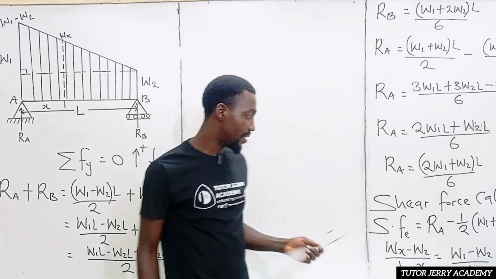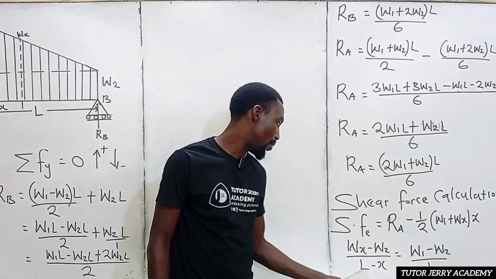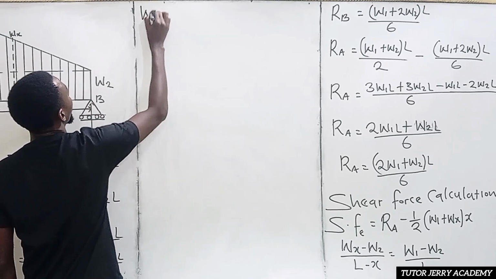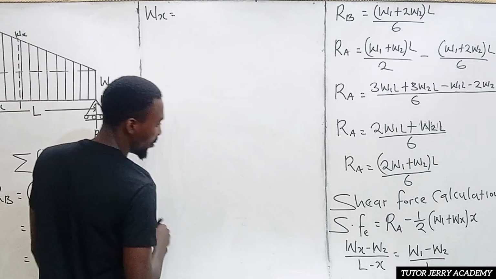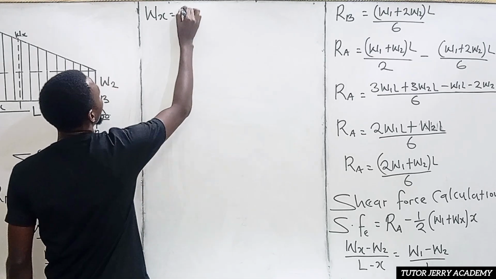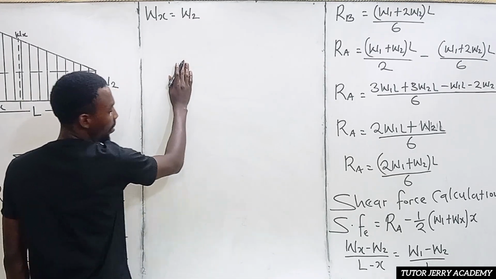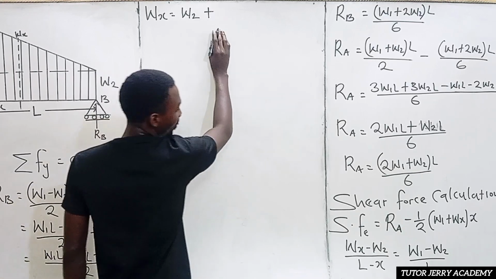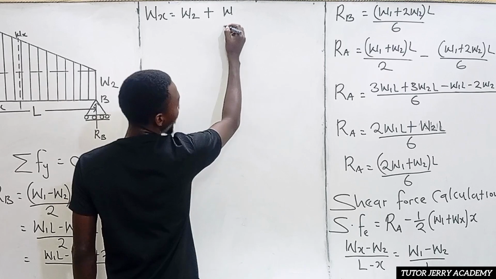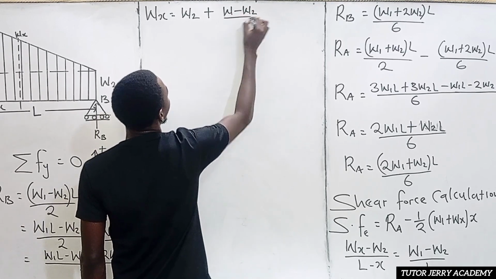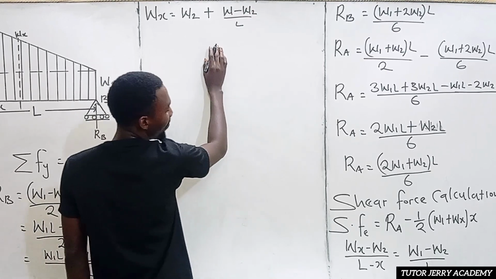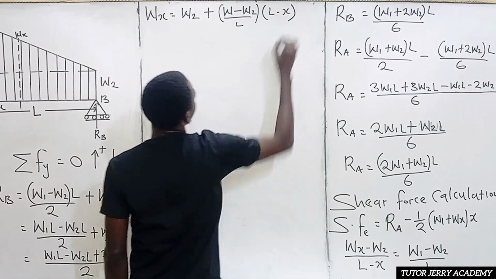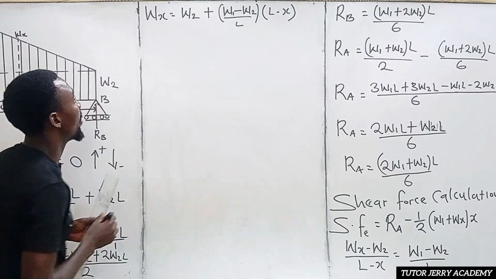The next thing we are going to be doing is, if you make WS the subject here, I'm going to have WS equals W2 plus W1 minus W2 all over L, then multiplied by L minus S. All right, so that's what we are going to have.